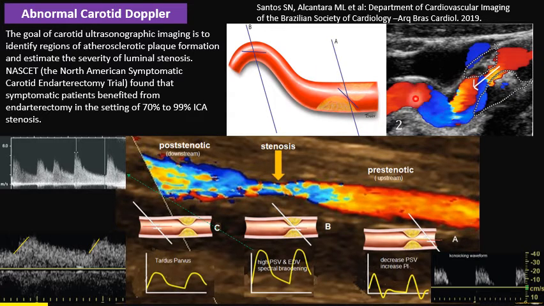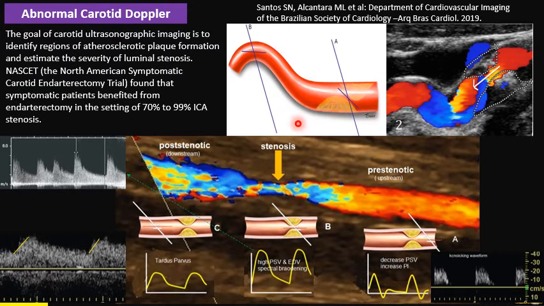So our angle correction line should be completely parallel to the jet, not the wall. This can be done by putting the angle correction between 45 to 60, and with heel-toe we can make it parallel to the jet. In that case we will have a very accurate Doppler from the stenosis.